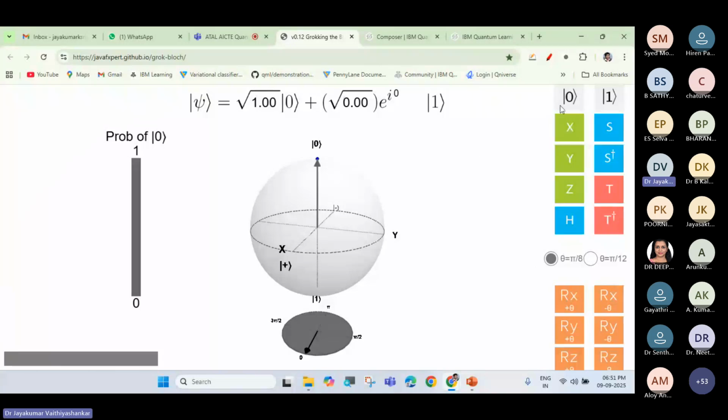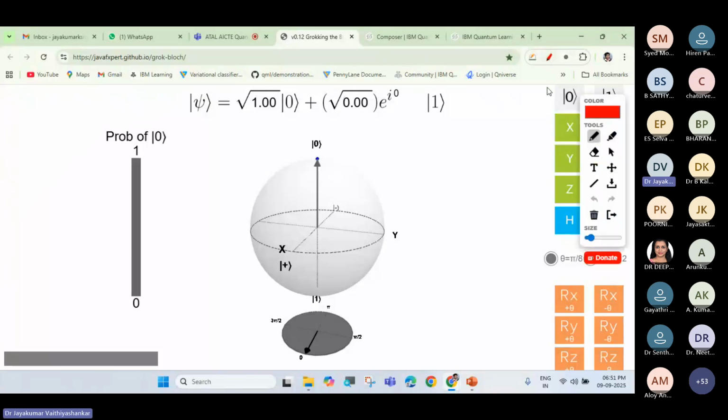These two are pure states, state 0 and state 1.